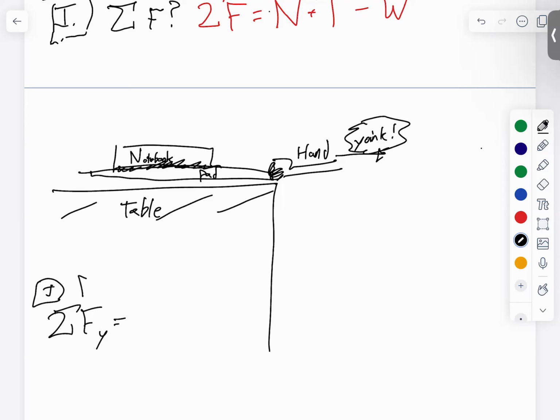Help each other. Notebook on pad on table. And then later my hand's going to act horizontally. You can visualize it?